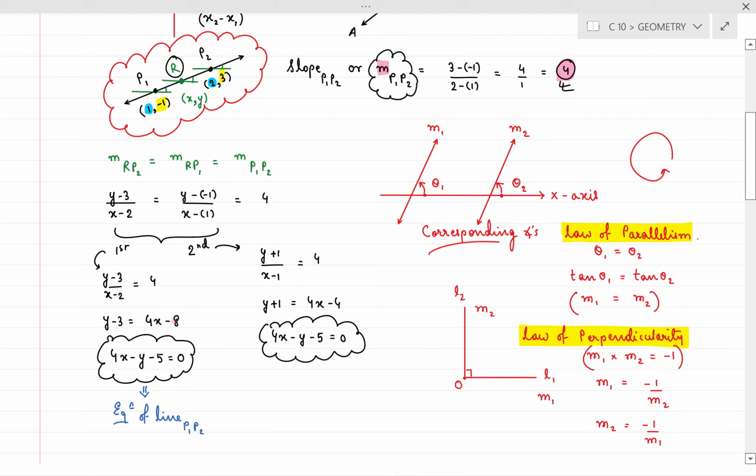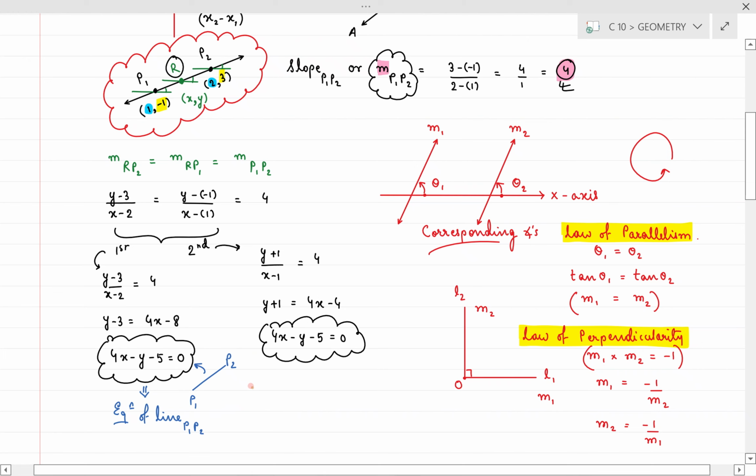So suppose for the particular instant of time you forget the previous theory. Now suppose the equation of line is given to you, this is the line P1 P2, and this is the equation of the line given to you initially in the question. Now you have been asked to find out the slope using equation of line.